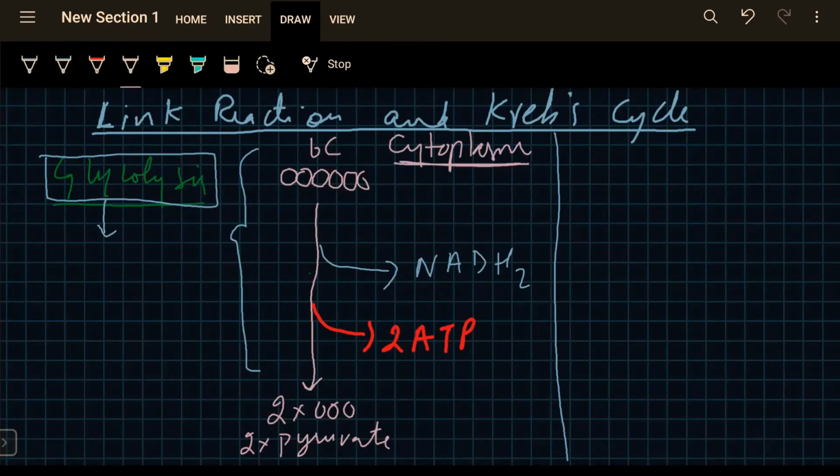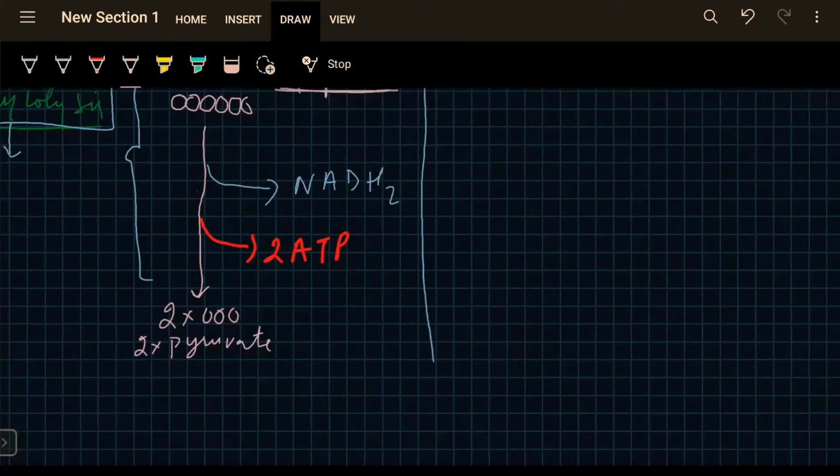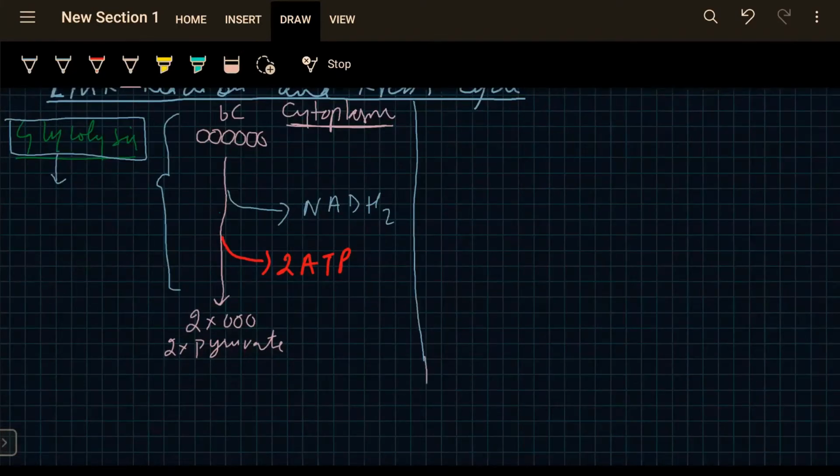Now, if oxygen is available, this pyruvate enters the mitochondrial matrix.